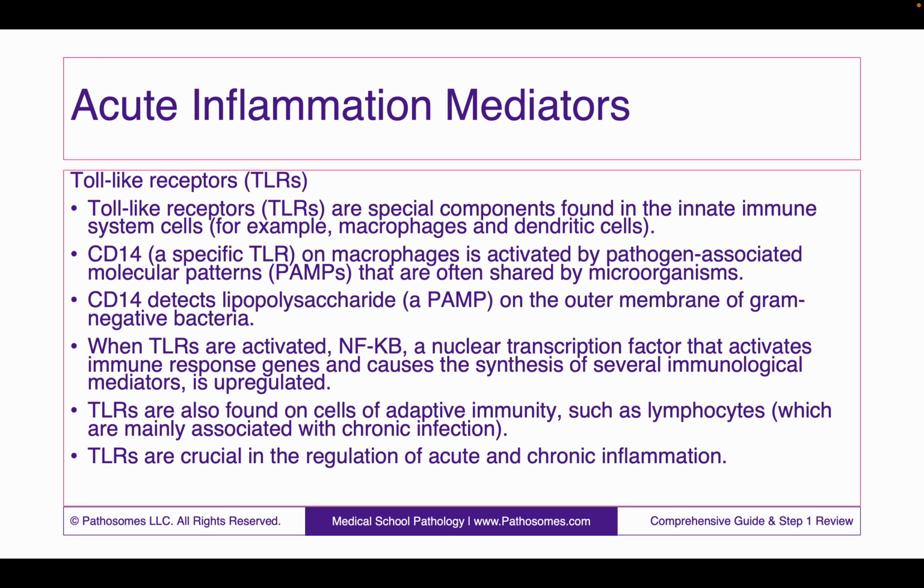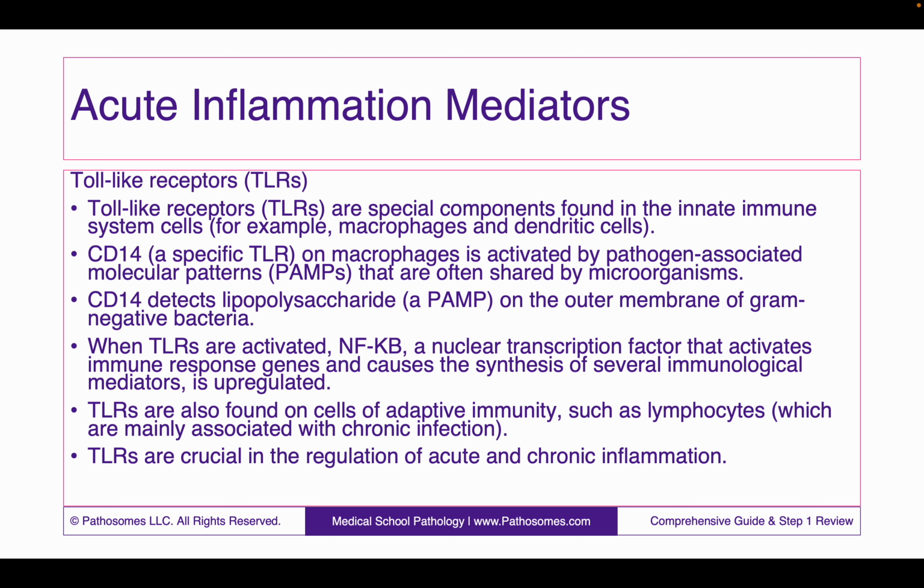When toll-like receptors are activated, NF-kappa B, a nuclear transcription factor that activates immune response genes and causes the synthesis of several immunological mediators, is upregulated, right? Because we want to make more of something.